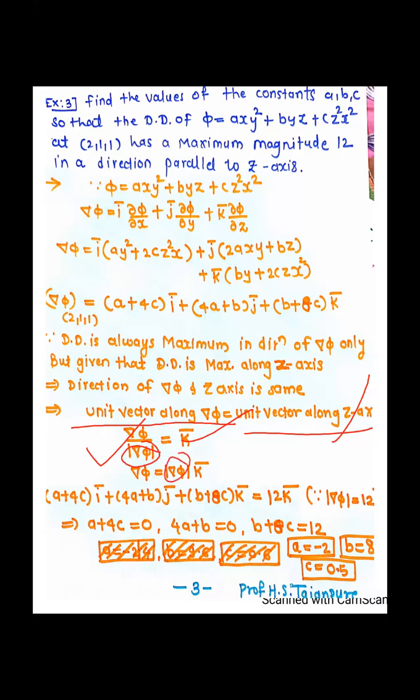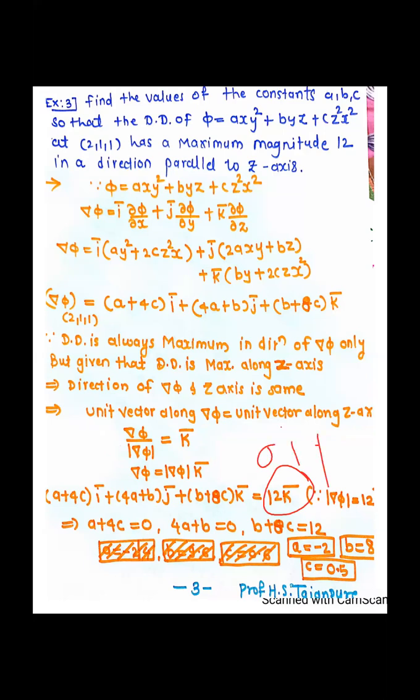The maximum magnitude, that is the magnitude of del phi, they have given as 12, right? I have substituted that value here, and on the left hand side I have substituted the value of del phi. On the right hand side only the k bar term is there, meaning 0 i bar plus 0 j bar.